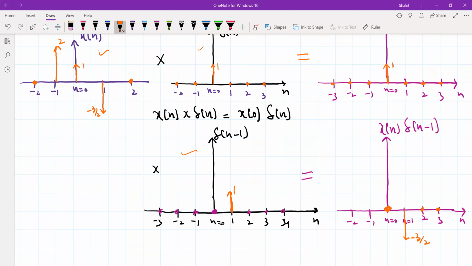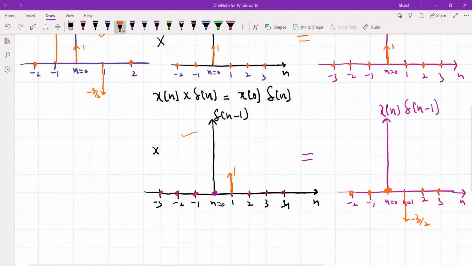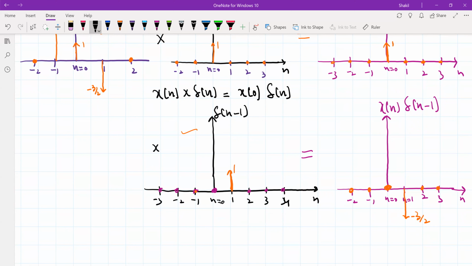Now let's calculate the value of x of n delta n minus 1 when n is negative. For n equal to minus 1, this sequence is 0 and this sequence is 2, so the result will be 0, and the rest of the samples will be again 0, that you can check. So what do we get? When we multiply x of n with delta n minus 1, only one sample is non-zero.